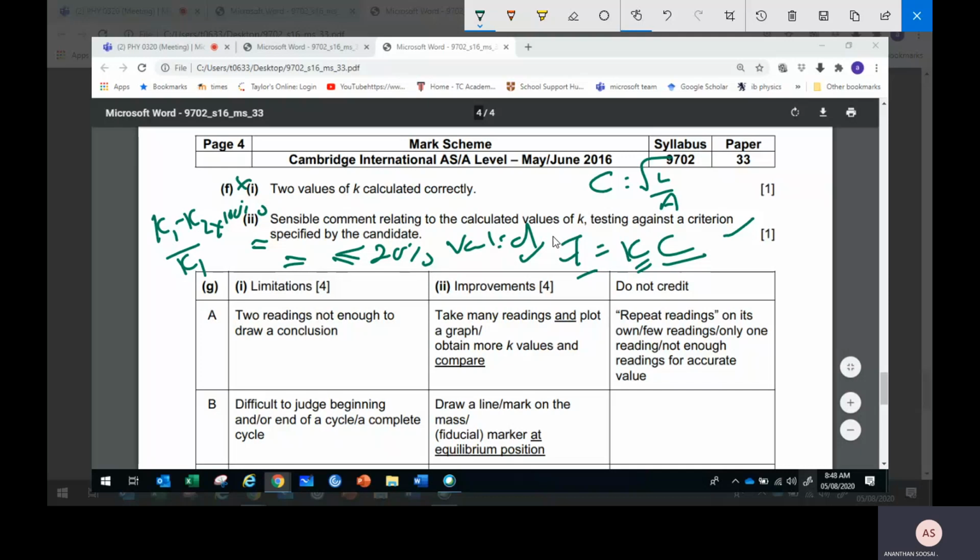For A levels, the cutting point is 20%. Last time they used 10%, now they use 20%. I think you go for 20%. Less than 20% you say valid, more than 20% not valid. Actually, in the second experiment they are not checking the quality, they're checking how you put the reasoning. That's what they are testing.